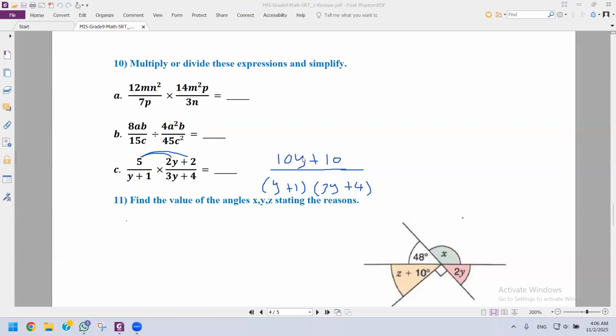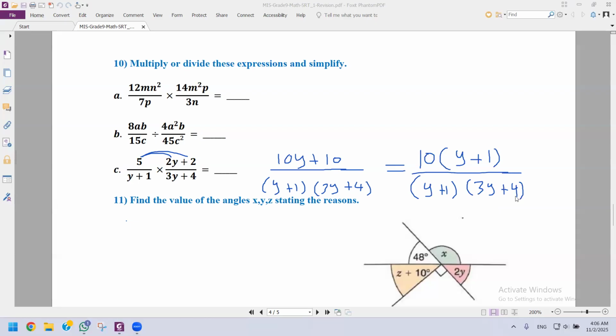Now let's look at the numerator. We have 10y plus 10. Can I take a common factor? Yes, we can take 10 as a common factor. 10, open bracket, 10y divided by 10 is y, plus 10 divided by 10, 1. Close it, over y plus 1, 3y plus 4.